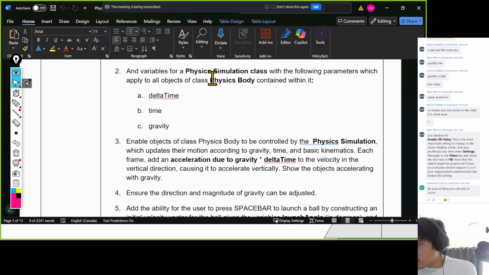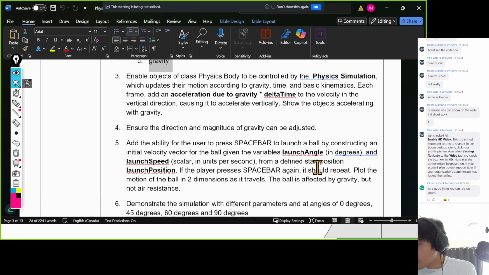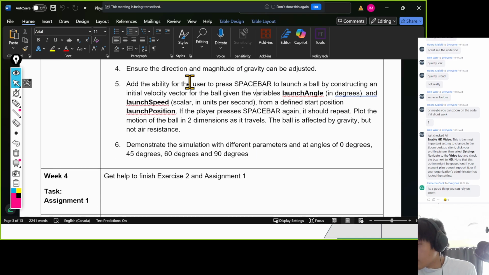We will need some kind of simulation to move them across the screen. We will need a container of these. We will need some kind of acceleration due to gravity, and we will need to get control to start this motion.